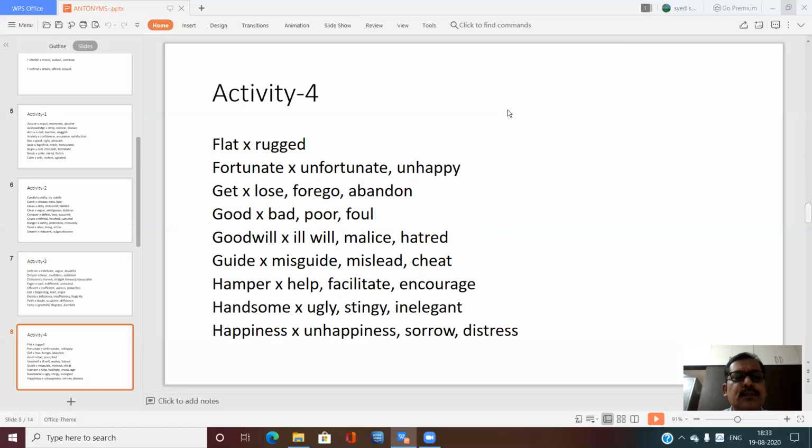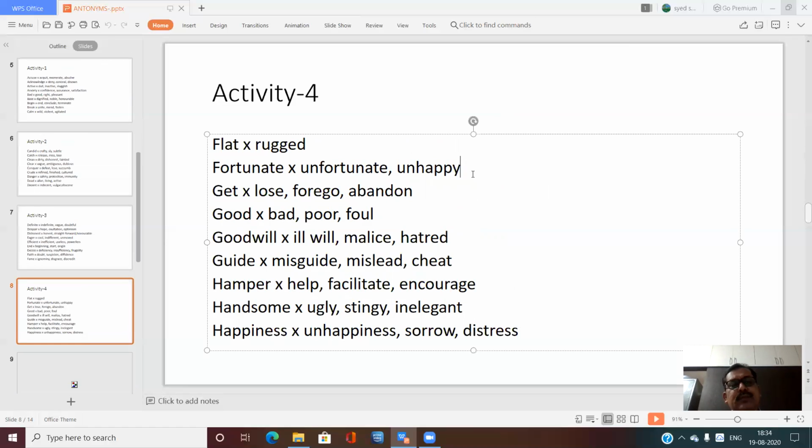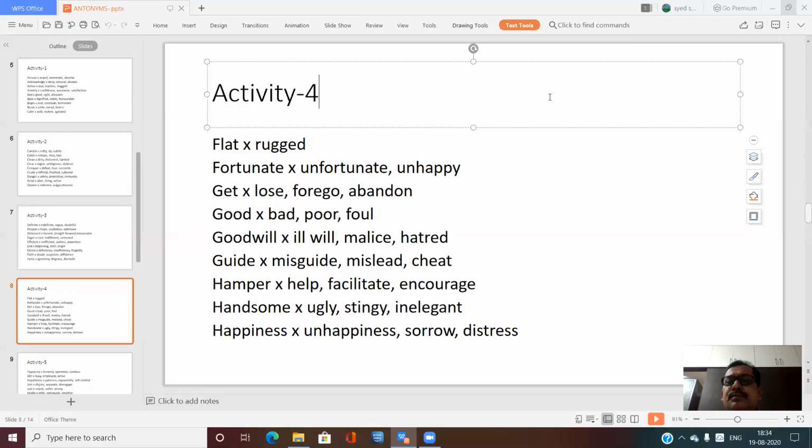Activity 4. Flat, opposite words: rugged, uneven, irregular.